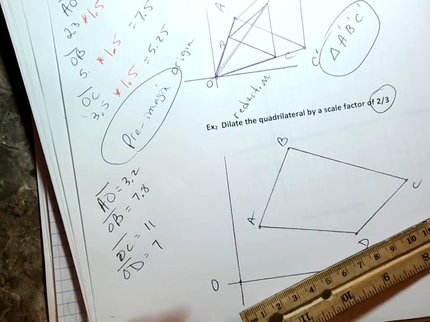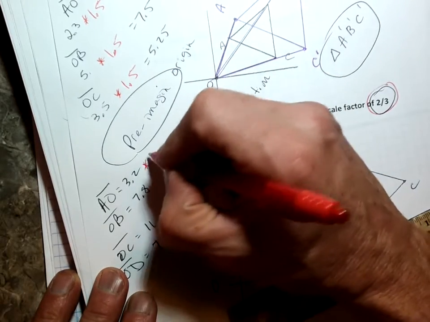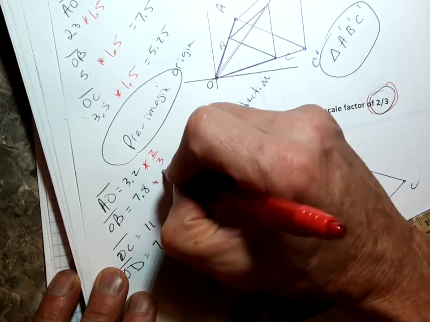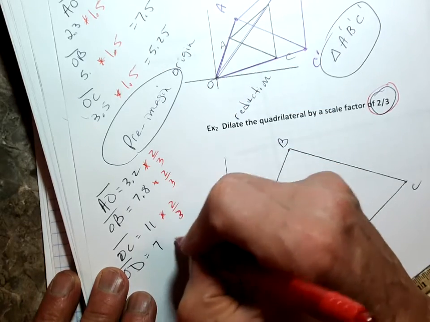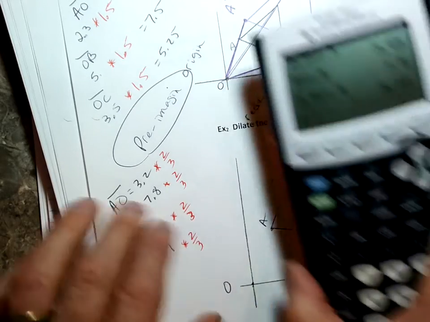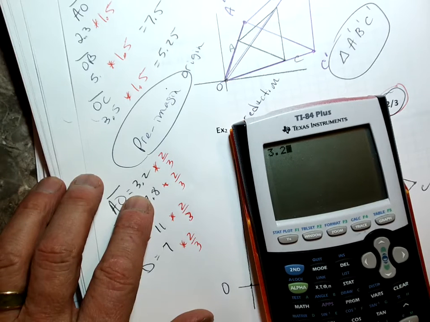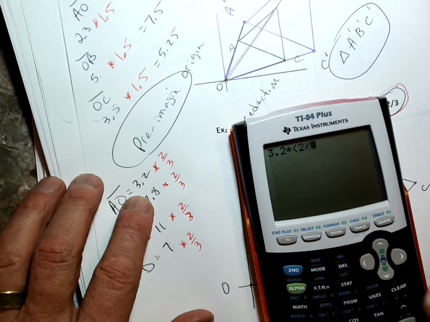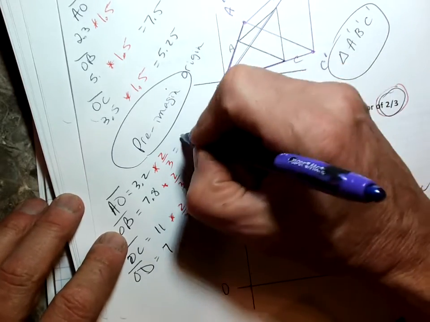Okay, now we're just going to multiply each of these by 2/3 because that's my scale factor. Okay, so then calculator. Here's how I'm going to do it. Watch, I'm going to go 3.2 times 2 divided by 3, that's 2/3, and we'll get about 2.1. We can't be totally too crazy about this, but 2.1 will work, okay?